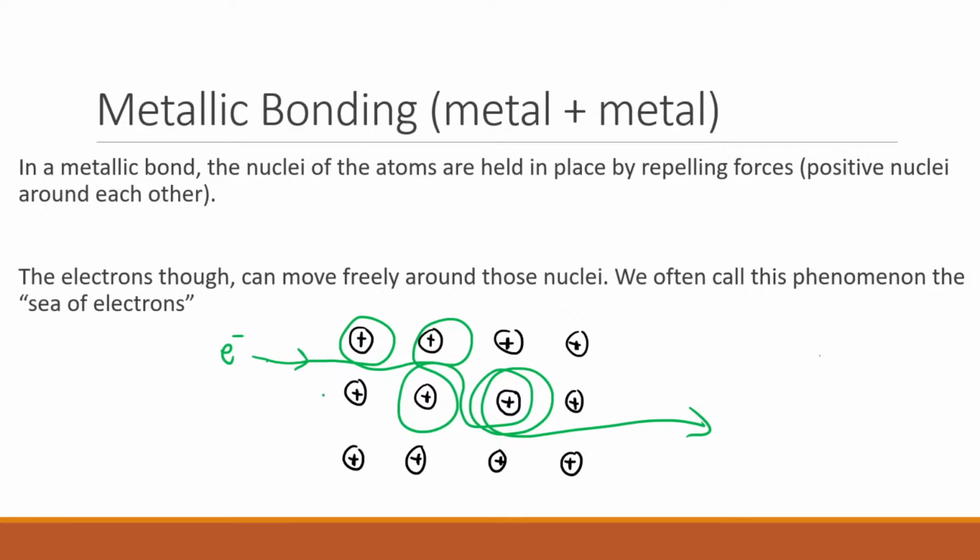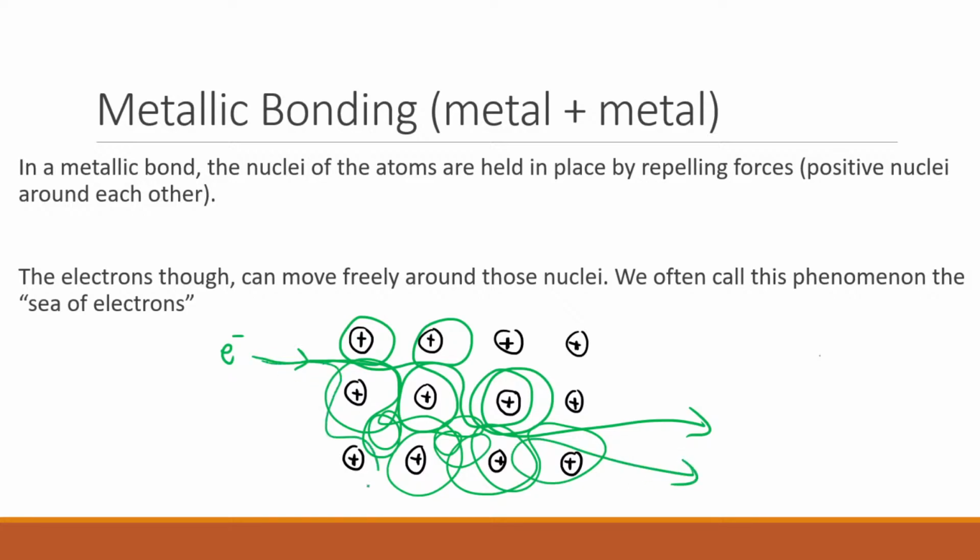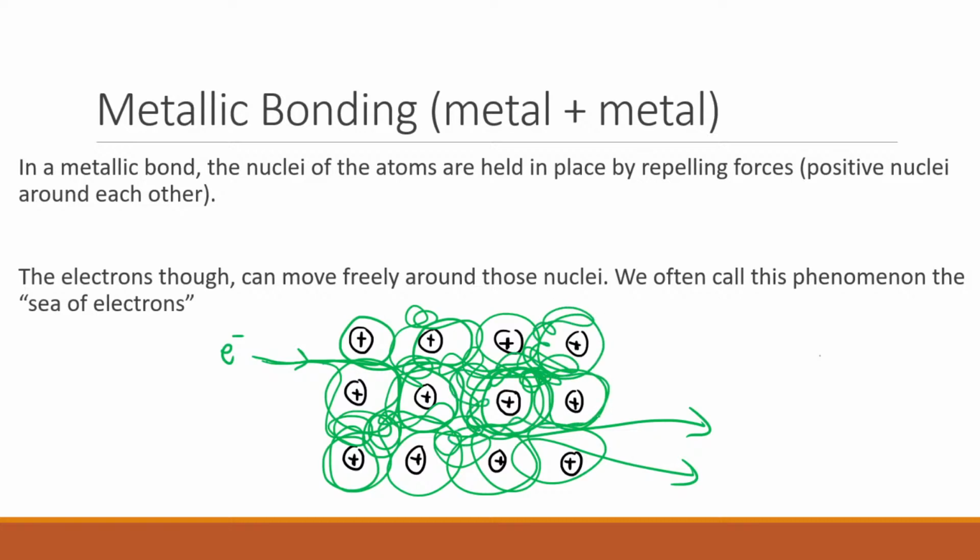Starting at point A, ending at point B. Starting on the left, ending on the right. And there's infinite paths. Because the electrons can go wherever they want, there's infinite paths for these electrons to take. Moving throughout the metal as they so choose, as they are pulled, as they are pushed by whatever forces there are.